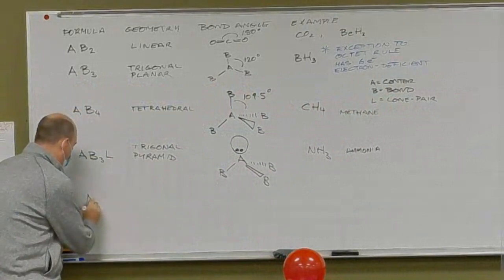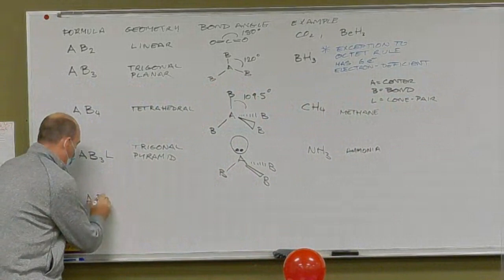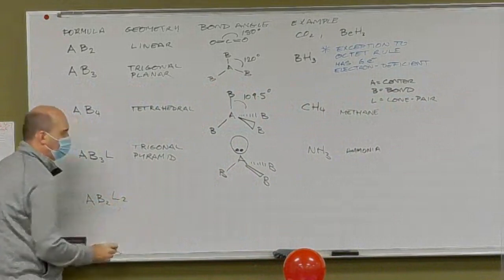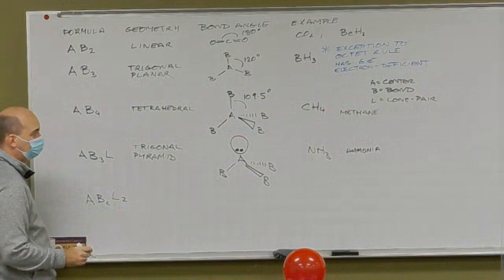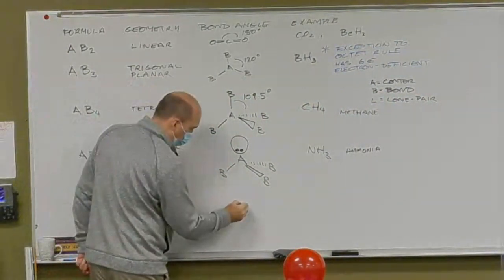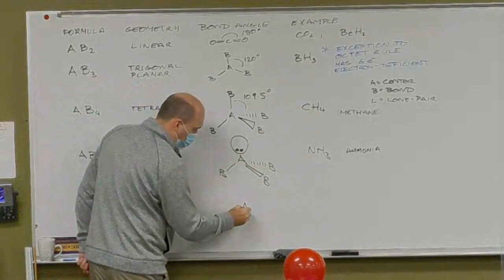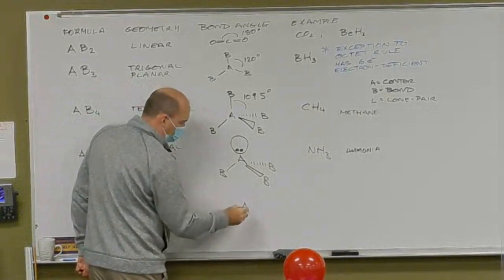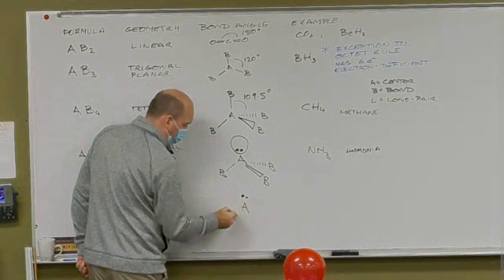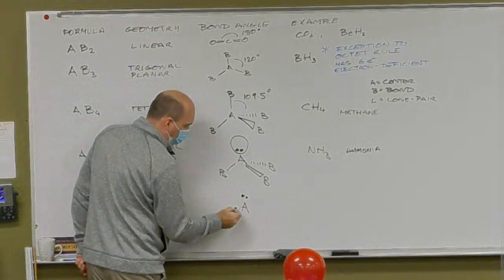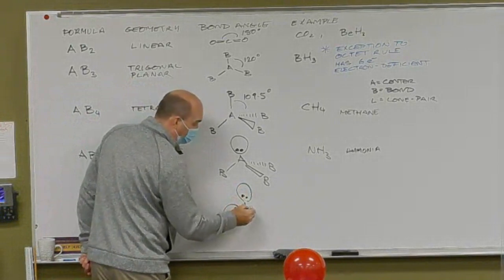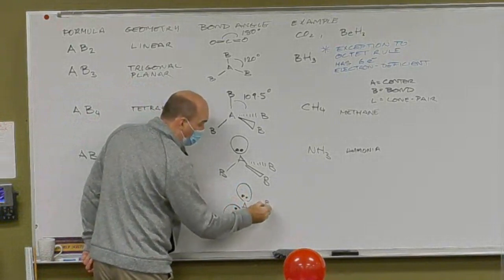And then we get to AB2L2. Which is an A, and it has a lone pair here, and a lone pair there. Can be at any one of those 4 places.